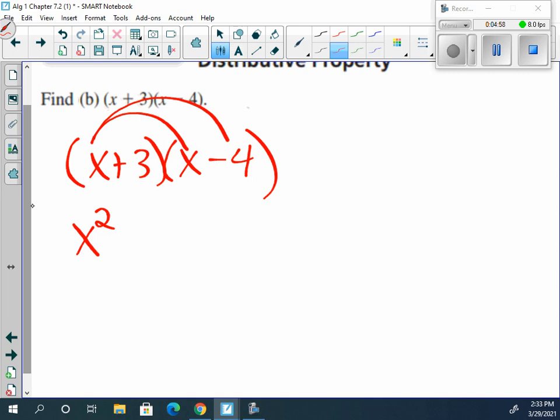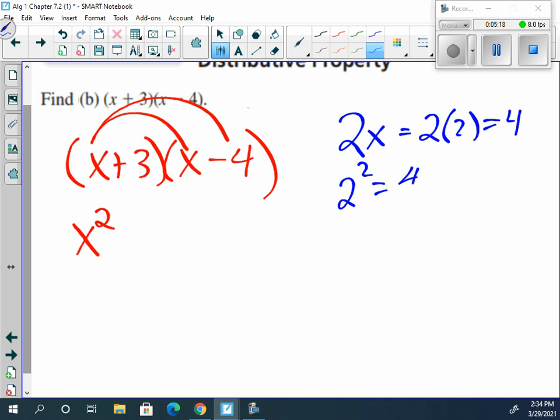Because we're multiplying something by itself, yes? So if we said 2x, yes? Give me a value for x. 2. So here we would have 2 times 2, which is 4. 2 squared is 4, yes? So 2 times 2 is 4. Okay, so that does work.